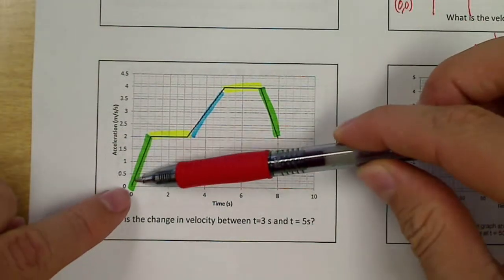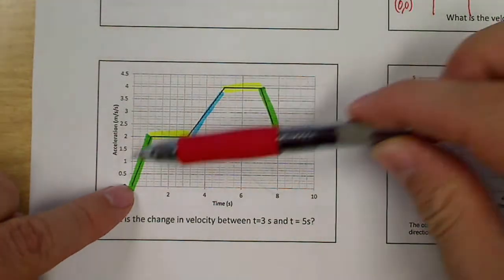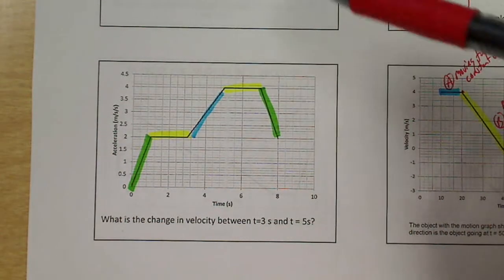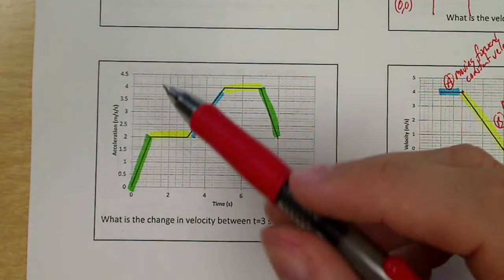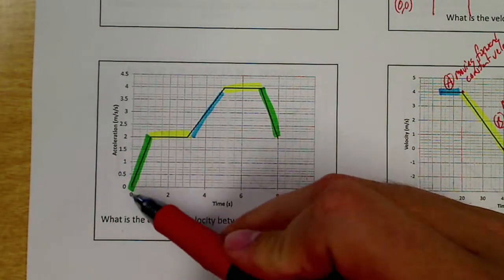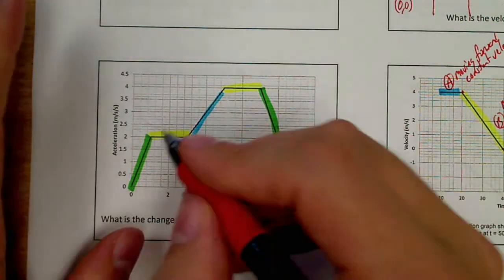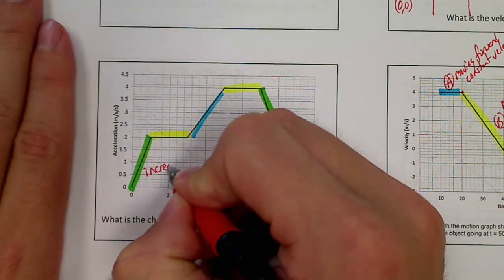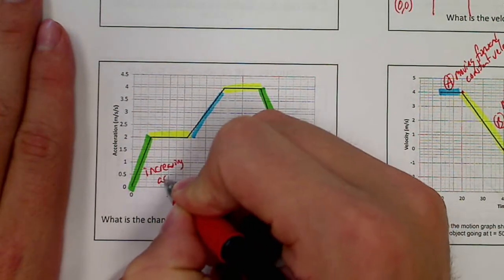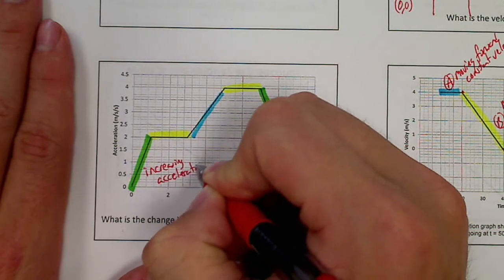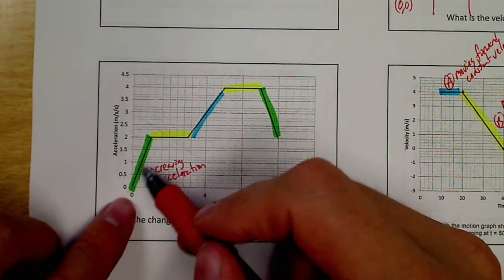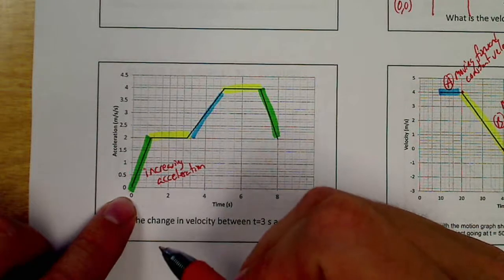So we can see all these points of acceleration are all positive. Now, remember, these are accelerations. So my acceleration is increasing. So now I'm increasing acceleration. That means the rate at which I'm speeding up is increasing. So I'm speeding up even more here than I was here.